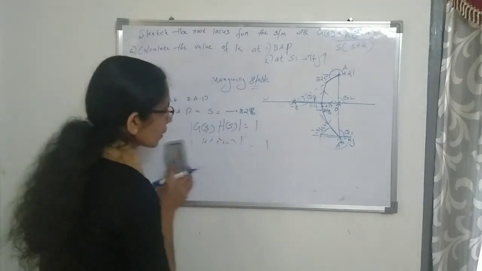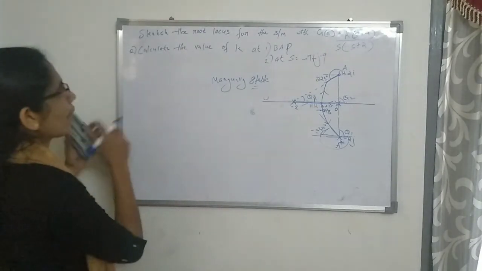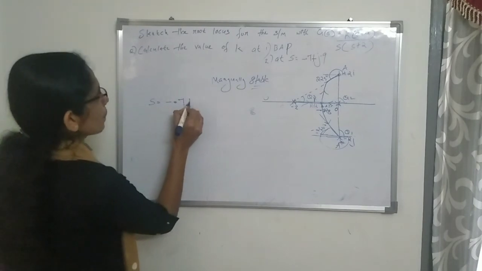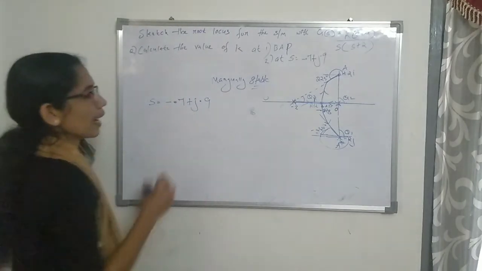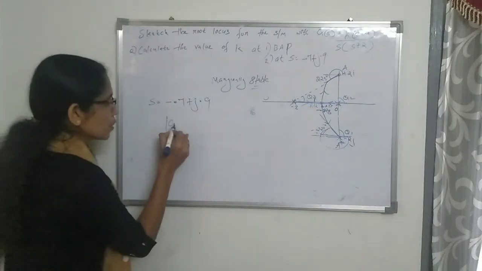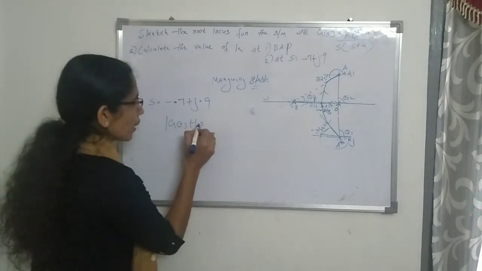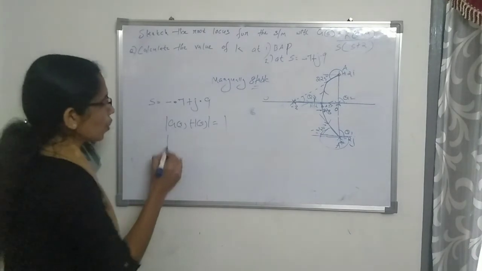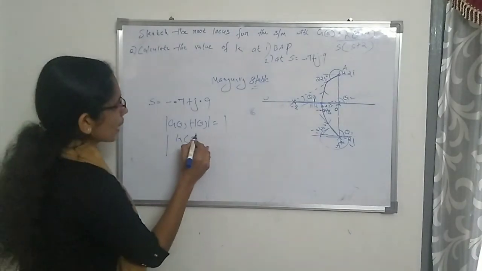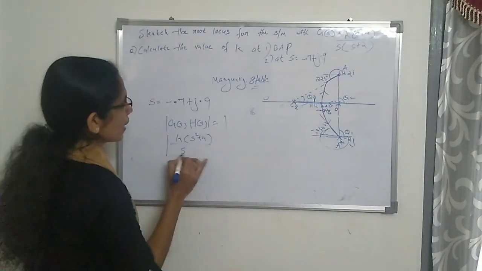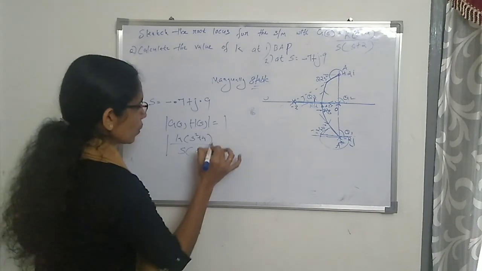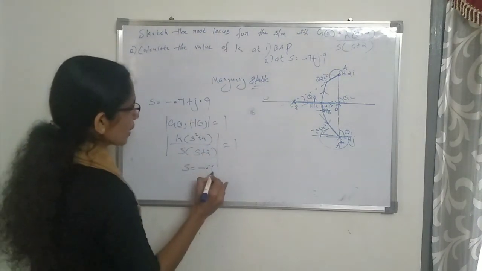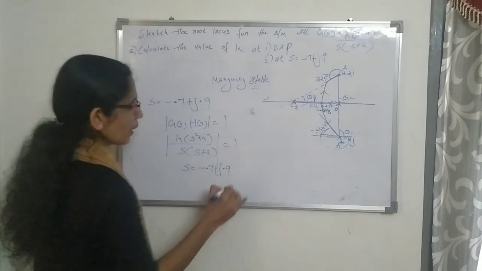Okay, next we need to find the value of k at s is equal to minus 0.7 plus j 0.9. For that also, consider the equation modulus of G of s into H of s is equal to 1, that is k into s square plus 4 divided by s into s plus 2 equal to 1, and substitute s is equal to minus 0.7 plus j 0.9.